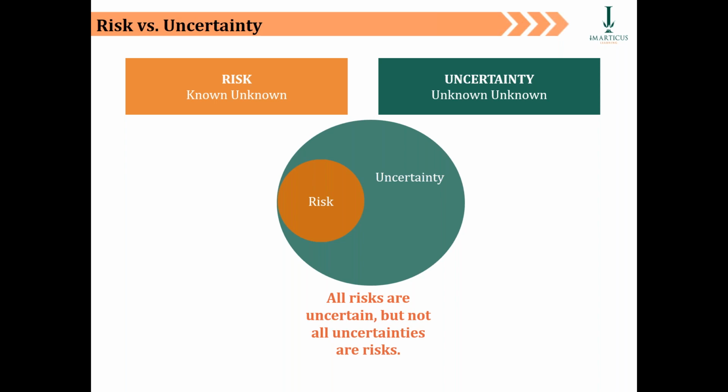But then there is a larger part of the story called uncertainty. Uncertainty is the larger universe, and risk is a smaller part of it. So all uncertainties are not risks, but all risks are definitely uncertainties. Uncertainty gives you a margin. It may or may not be a killer, but risk can be a killer.